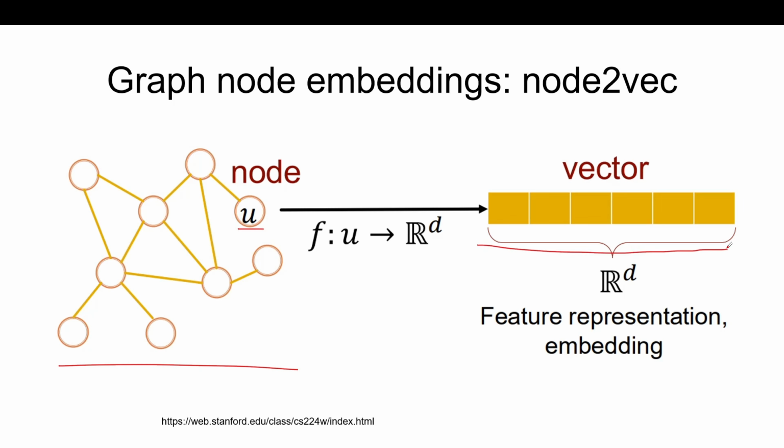That vector can later be used for downstream tasks like graph node classification and things like that. Because we know we have a good method to get embeddings for words, which is word2vec, the question is: is it possible to convert this problem of finding graph node embeddings to the original problem of finding embeddings for words?